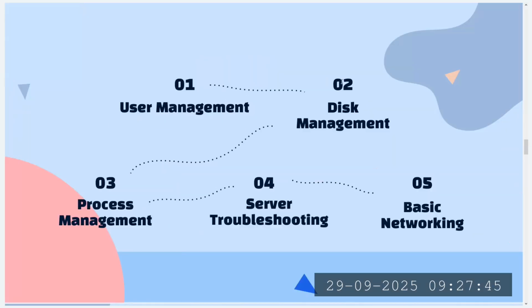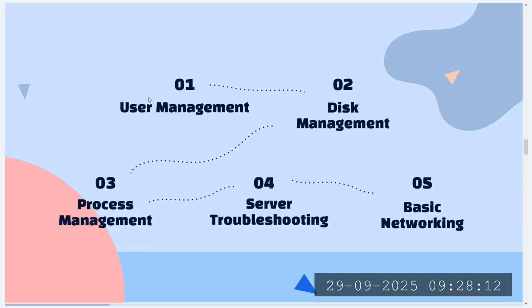So this is the roadmap we are going to see, guys. One is user management, which is very important in any company in any aspect. Users must be managed, because without users can we do anything? No, right? And there is a thing called permissions.